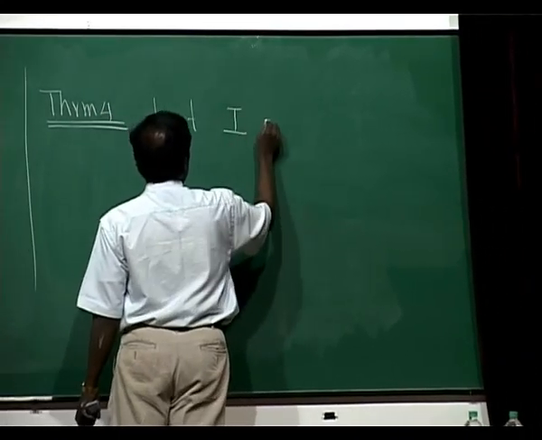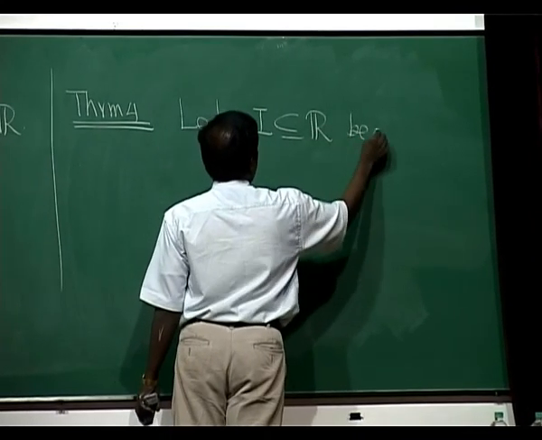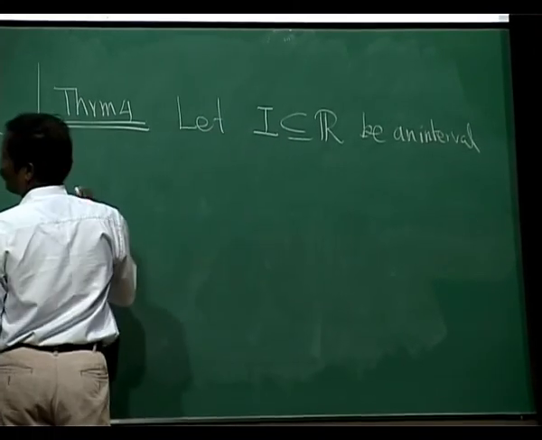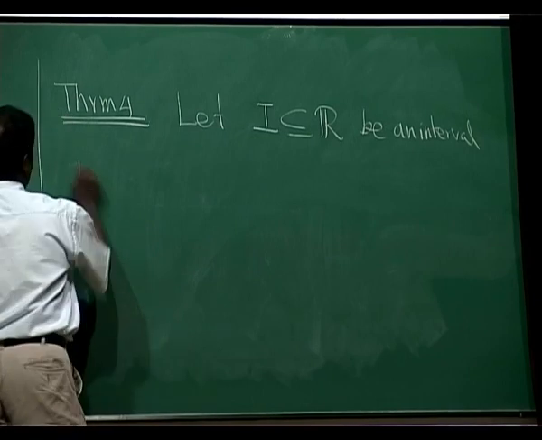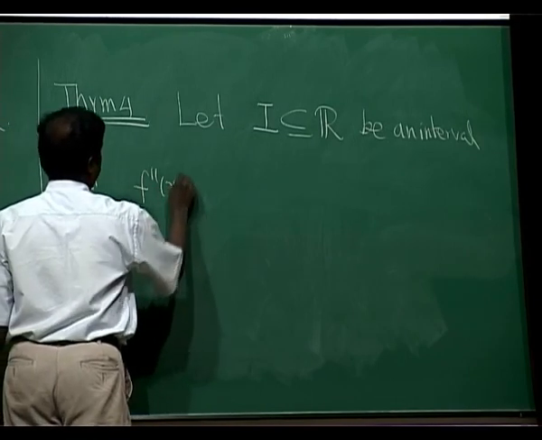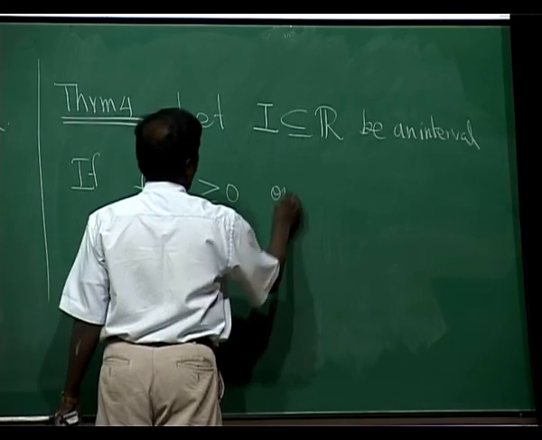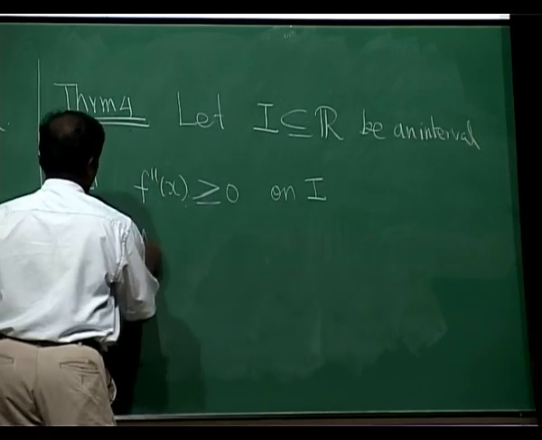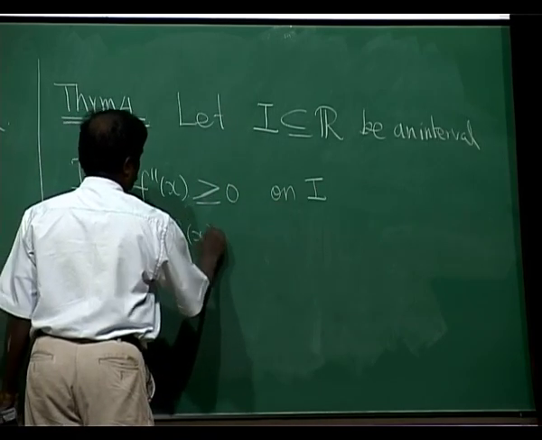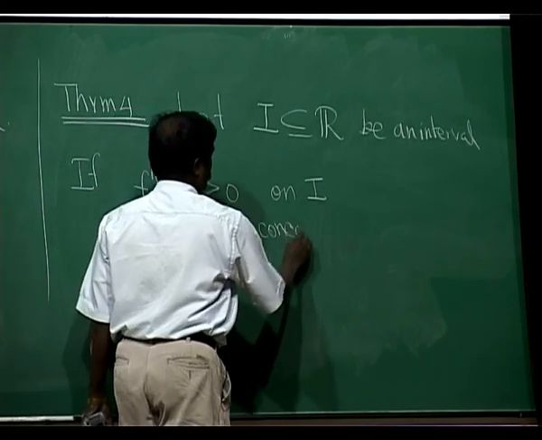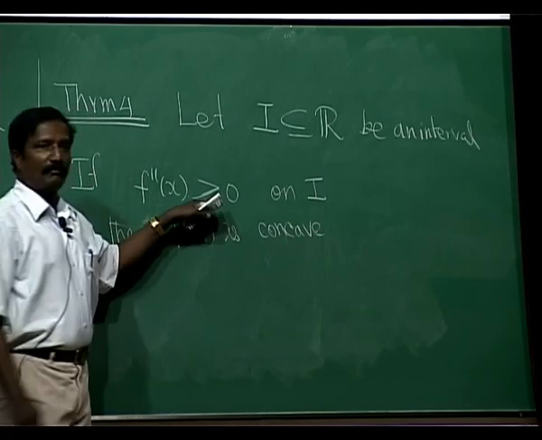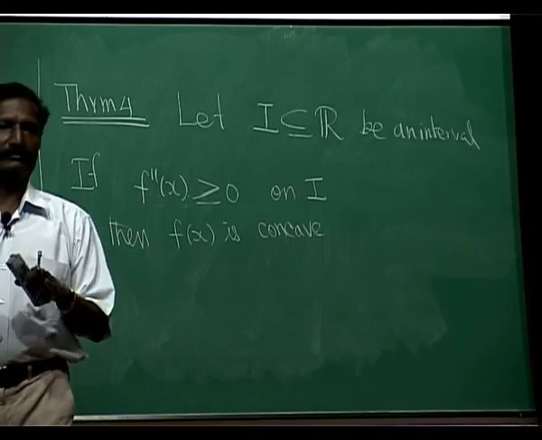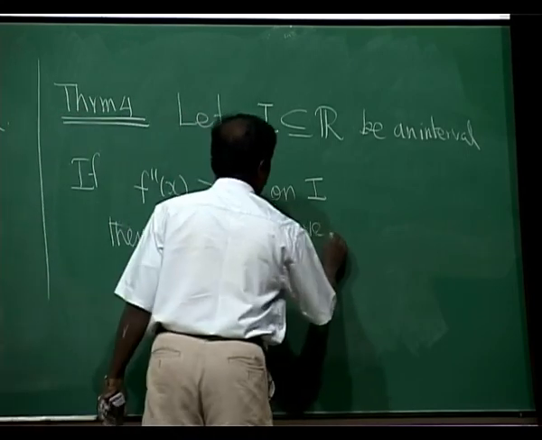Let I be an interval. If f double dash of x is greater than or equal to 0 on I, then f of x is concave up, since f double dash of x positive means f dash of x is increasing.